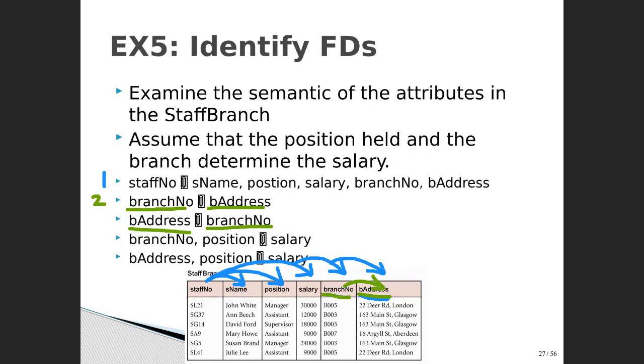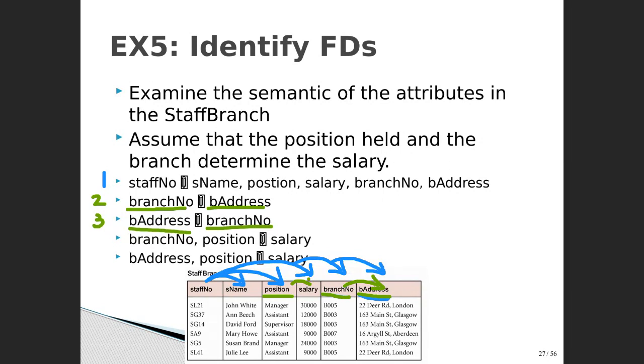Now, this is the third one. So this is the third functional dependency. And how about 4? Using our common sense, we can say that branch number plus position, both of these determine what?